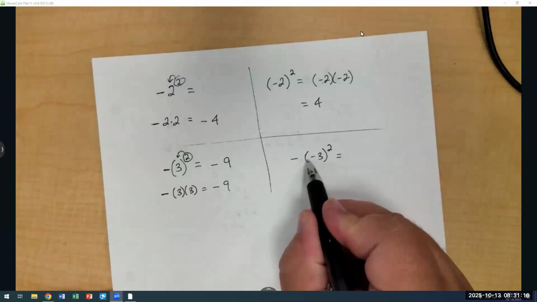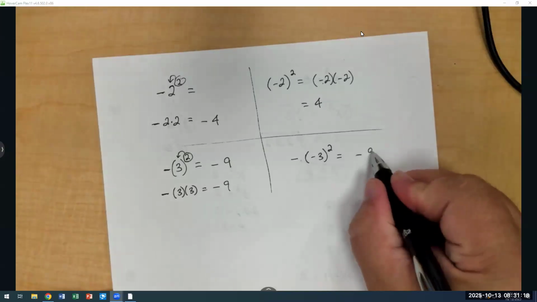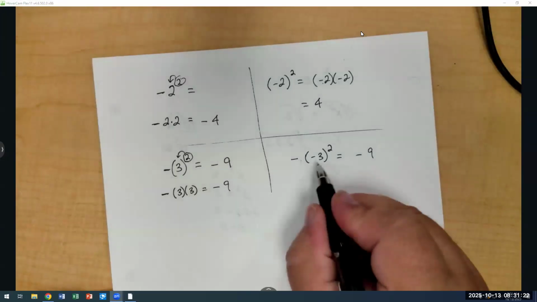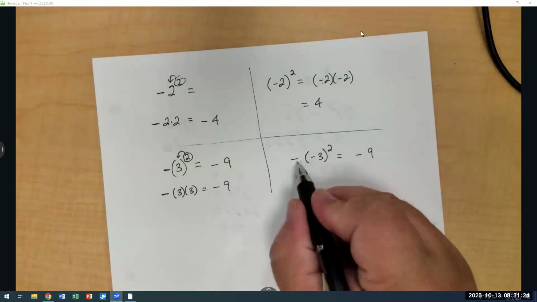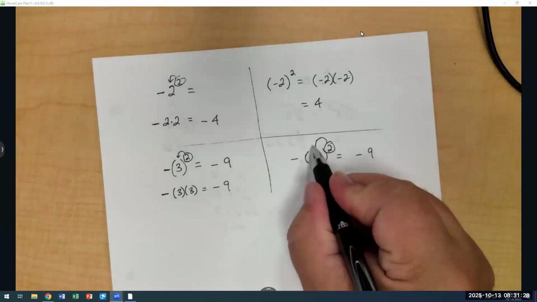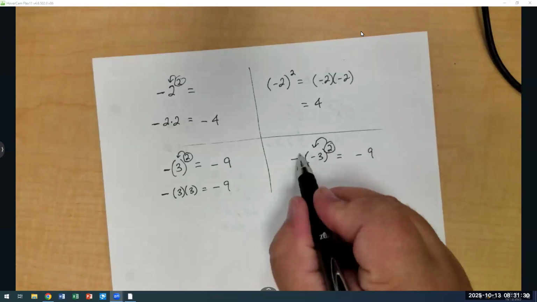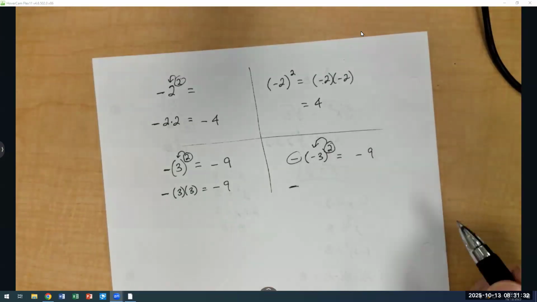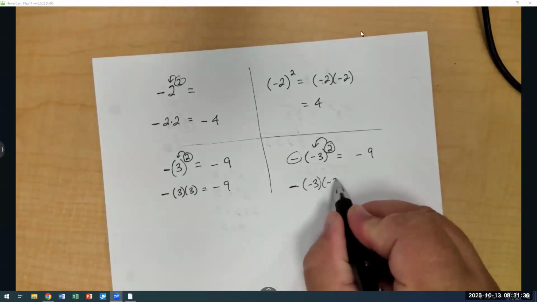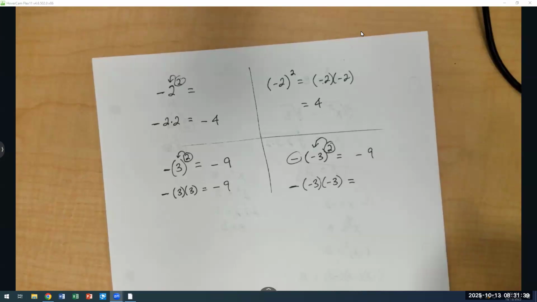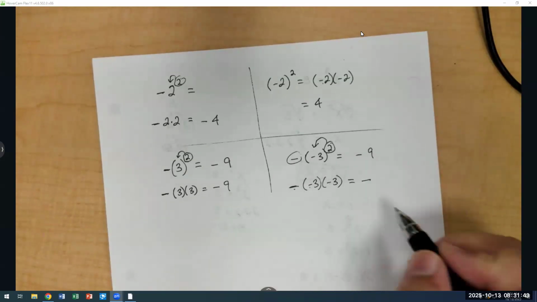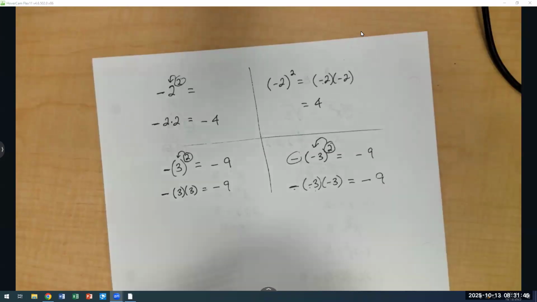Yeah. The answer is negative 9, because what does this 2 belong to? To the 3 inside the parentheses. So this negative stays out there. So we have negative 3 times 3. Negative times positive is negative. 3 times 3 is 9.